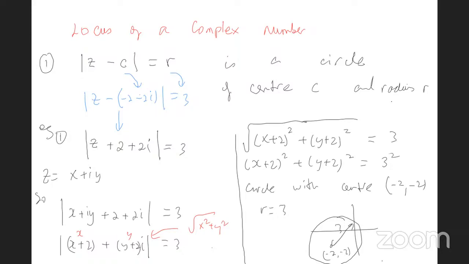Copy it down, screenshot it, anything you want. You could use any version you want. Once you can put it in the form z minus c, go right ahead and use the short version. But if you get in trouble, use the long version. Separate the real and imaginary and use the formula.